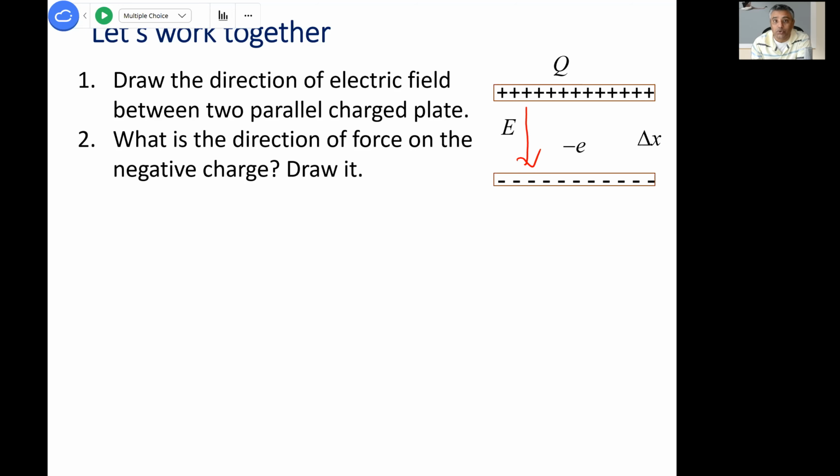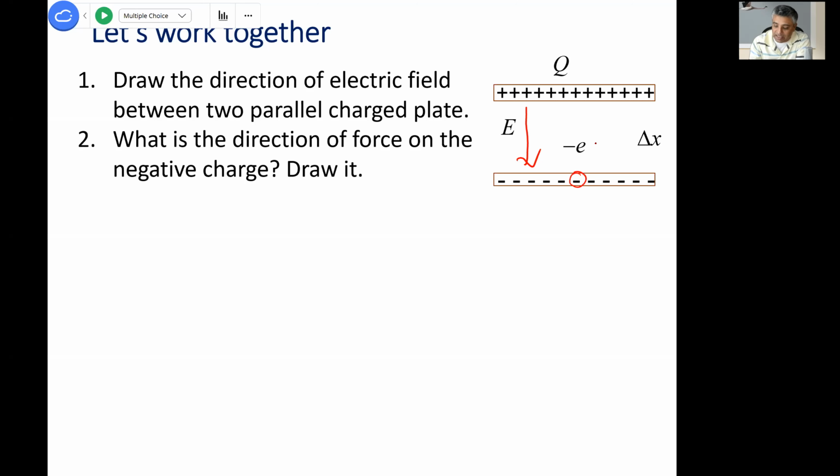There are two ways you can look at it. One, just look in terms of charges. There is a negative charge and this is a negative charge, so it's going to get pushed or pulled by this. We can find the direction of force from just the properties of charges. That's one way to look at it. Another way: force on the positive charge is in the direction of field and on the negative charge is in the opposite direction.